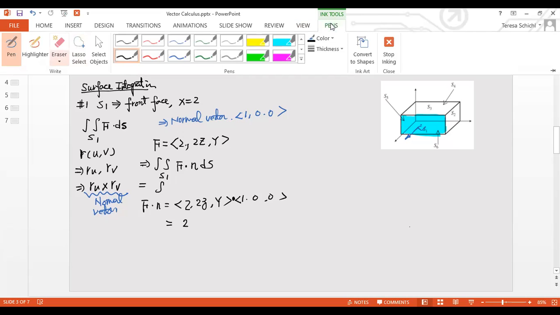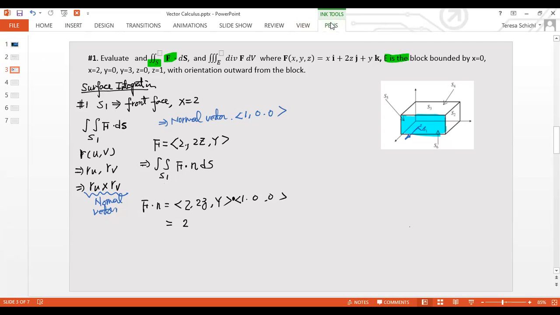Let me rewrite it with more space. Because x is fixed, I do dz dy, where z is from 0 to 1 and y is from 0 to 3. Simplifying, this integral is 6. So the front side contribution is 6.